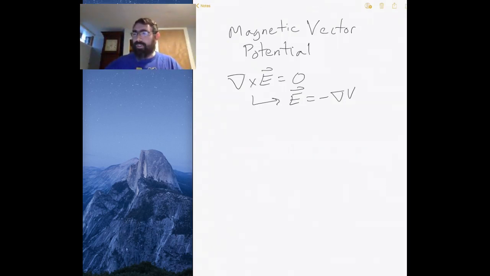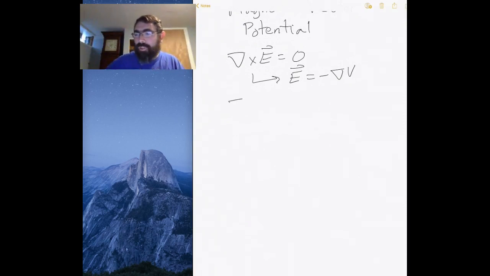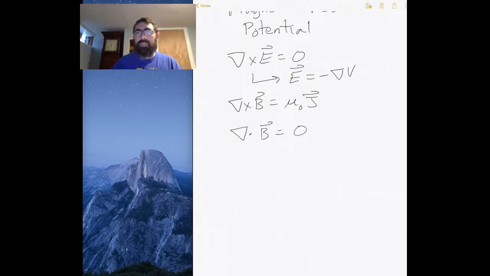So with the magnetic field, if we look at the curl, it's not equal to 0. Ampere's law says the curl of the magnetic field is mu0 times the current density, J. However, we do have that the divergence of a magnetic field is equal to 0.